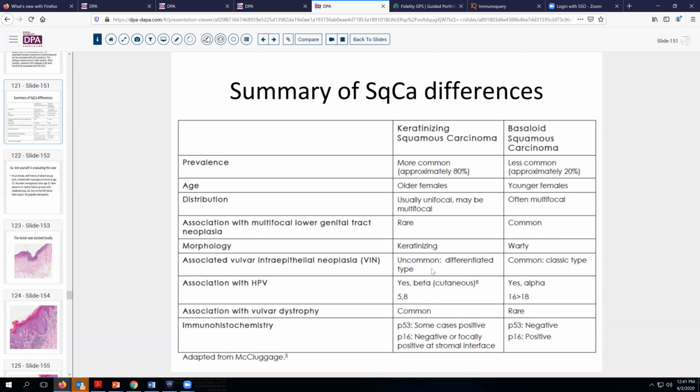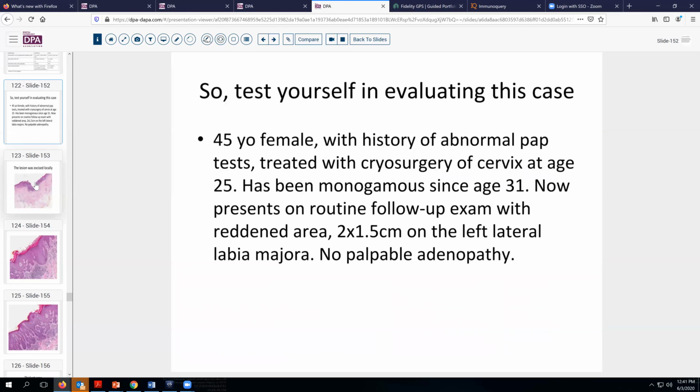If present, it's the differentiated type, and HPV types and so forth. So that's just a nice sort of summary from Dr. McCluggage's textbook. So let's evaluate how you've done here.